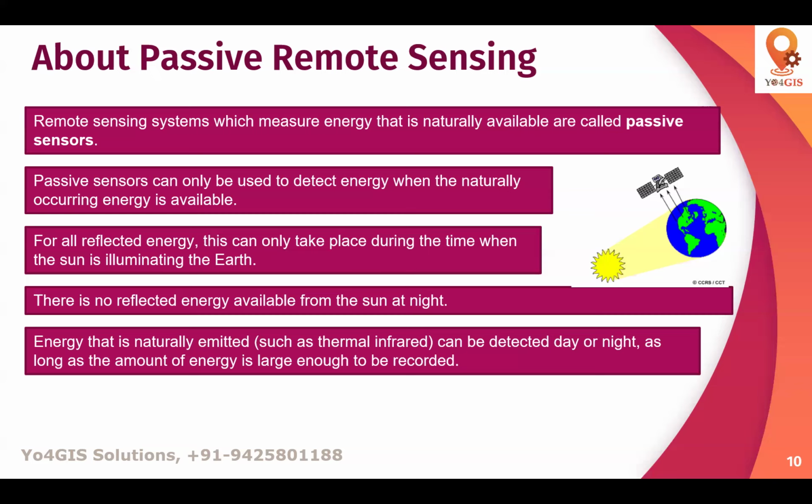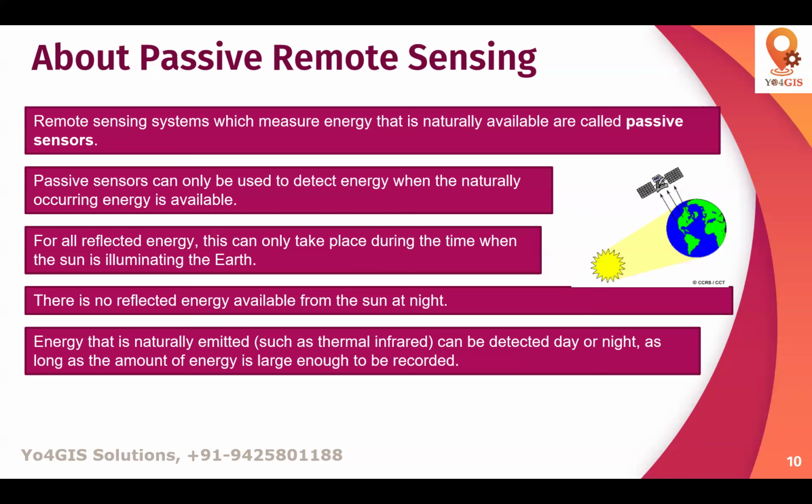Okay, the same thing means if sunlight is there, then this kind of sensor can easily collect the information about the earth object. There is no reflectance energy available from the sun at night. This we already know.